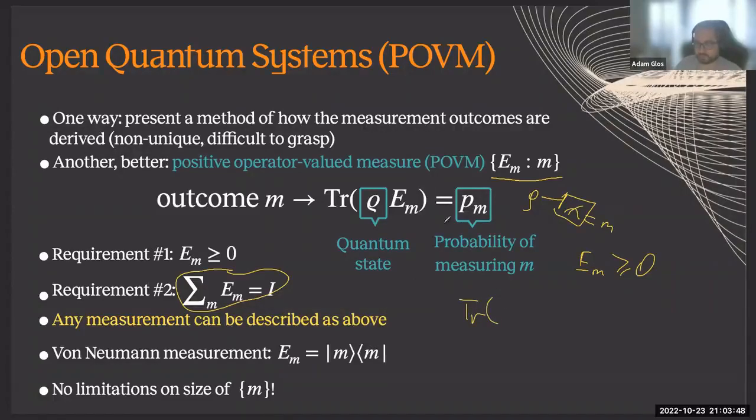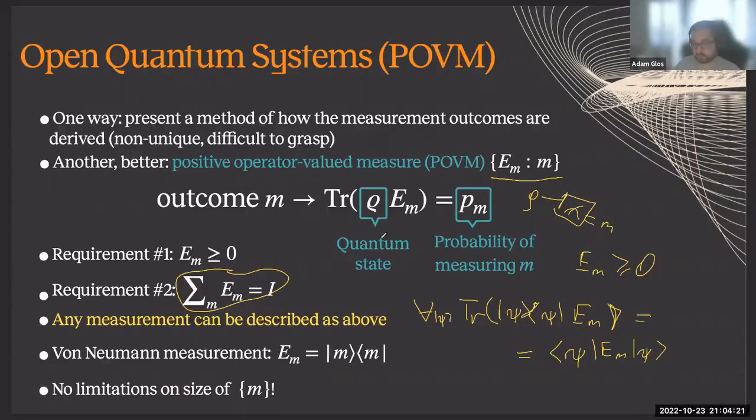So, in particular, if we want to have it for a general pure state psi, using basic properties, this will be the expression, but this must hold for any psi, and this condition is equivalent to E_M being non-negative.